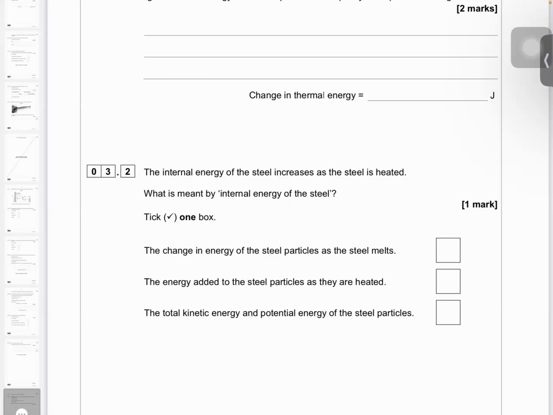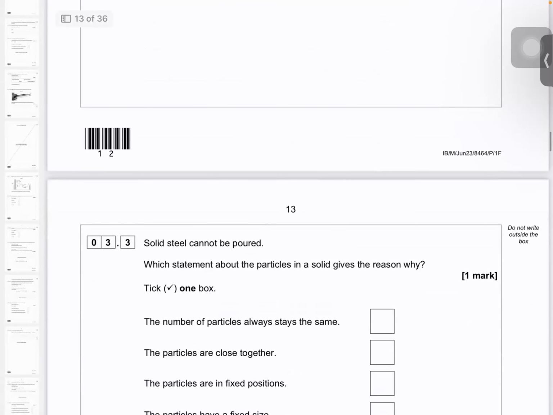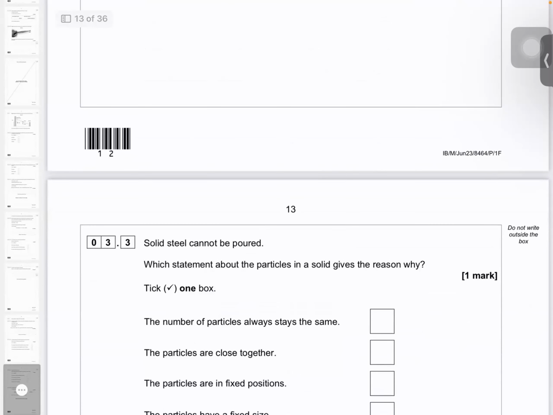It says the last one. It says the last one, right? Yes. Okay. So I think that last one is correct, the one that has to do with the total potential and kinetic energy.